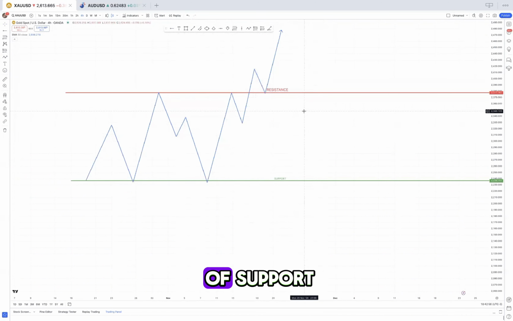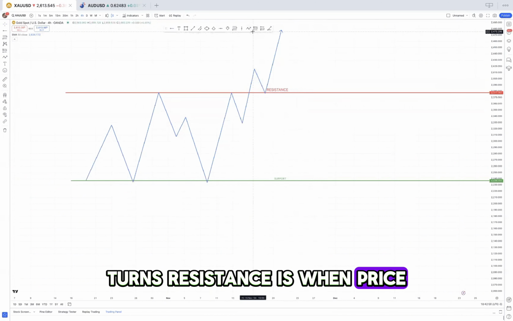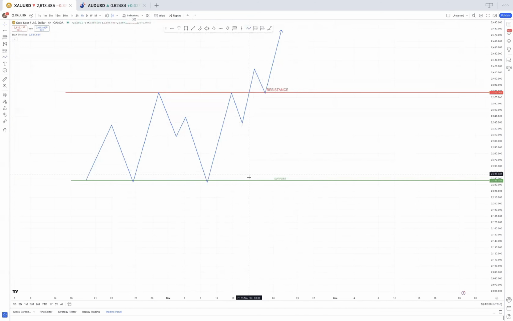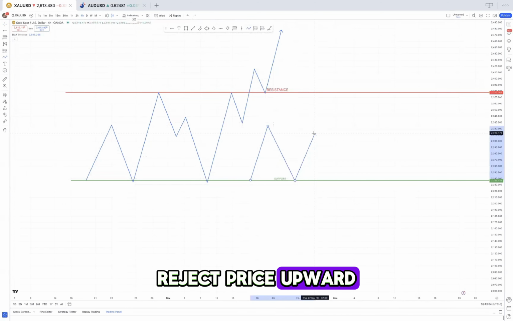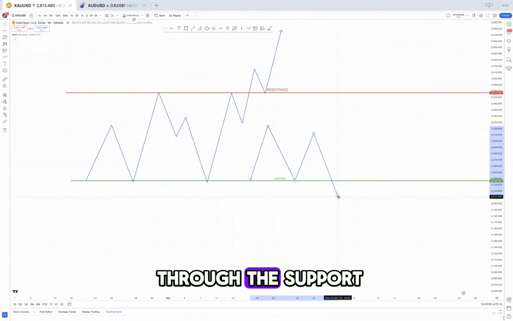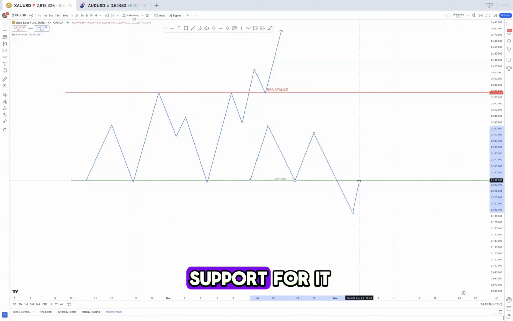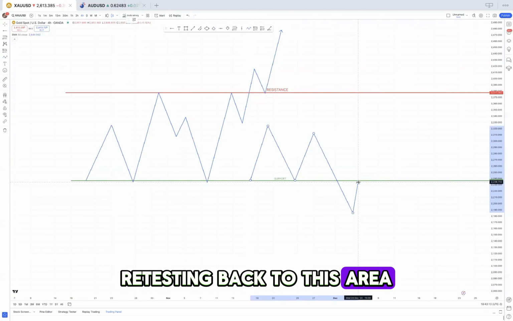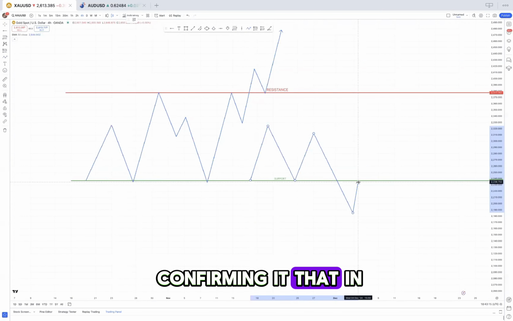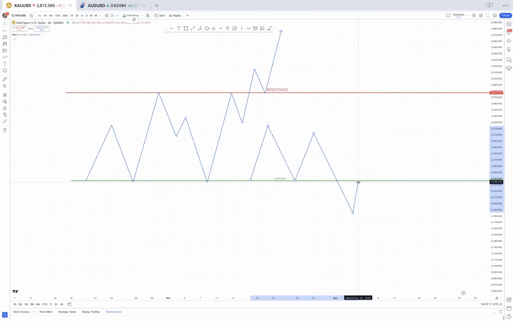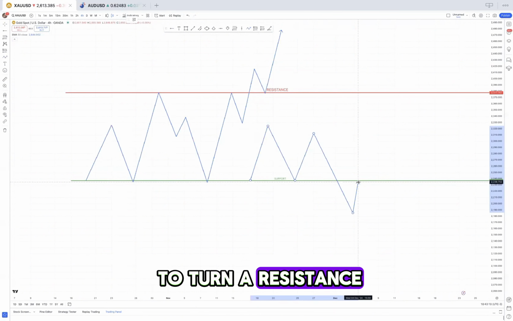Then in terms of support turn resistance, it is when price moves down, rejects price upward, then later price breaks through the support, then retests back to the same area of support. Retesting back to this area of support confirms that this support is likely to turn into a resistance.